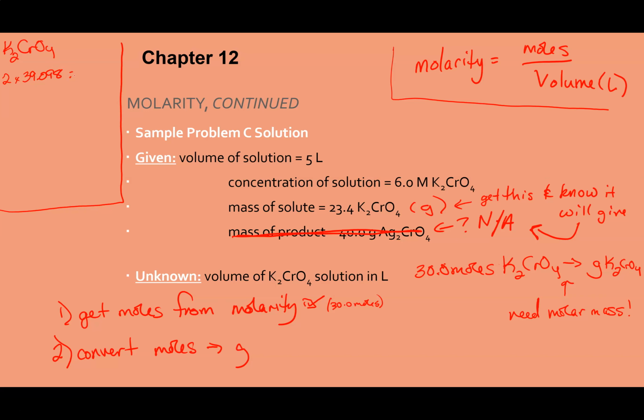We're going to do that plus the chromium atom, which on my periodic table weighs 51.996. We're then going to add the oxygen atom times 4, so 4 times 15.999.